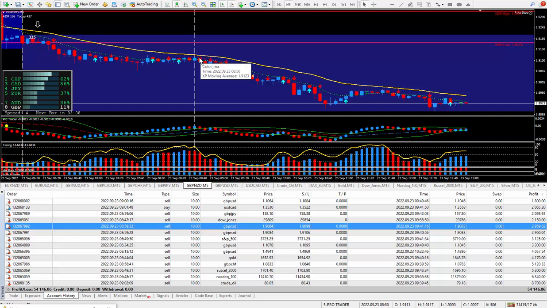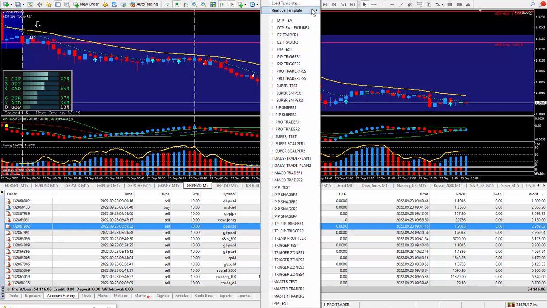See that? And by the way, if you've got these little cursors, the arrows, and when you're changing the time frame, it will mess up the meter. Don't worry, the meter's not broken or anything. Anytime you want to clear up everything on your charts, all you got to do is apply the template. Now here is my Pro Trader, the original one, with meter and no meter.